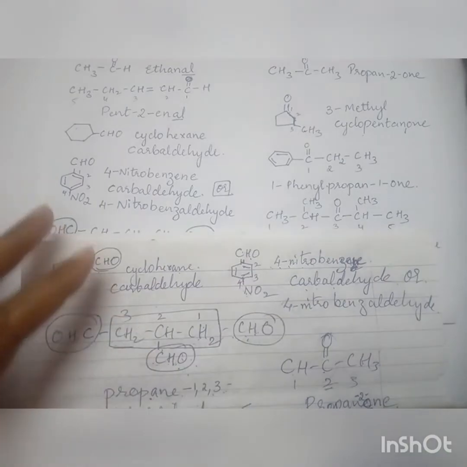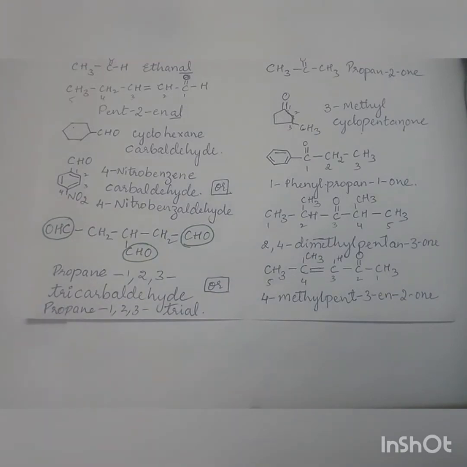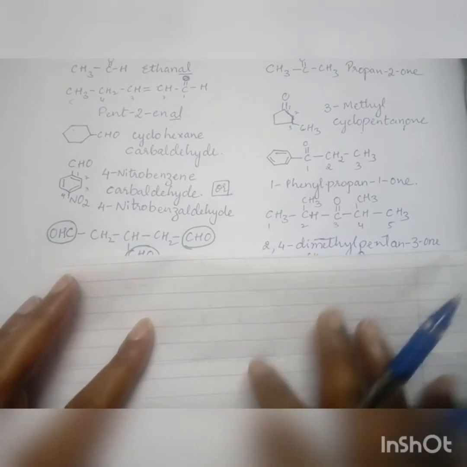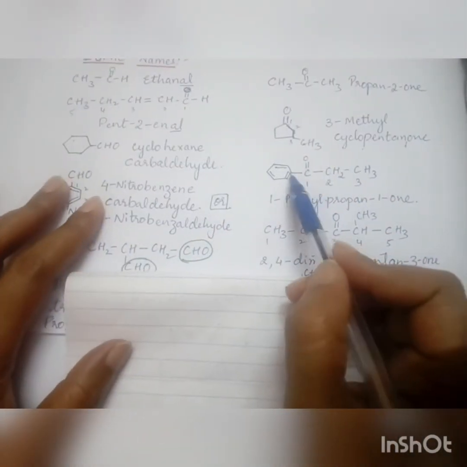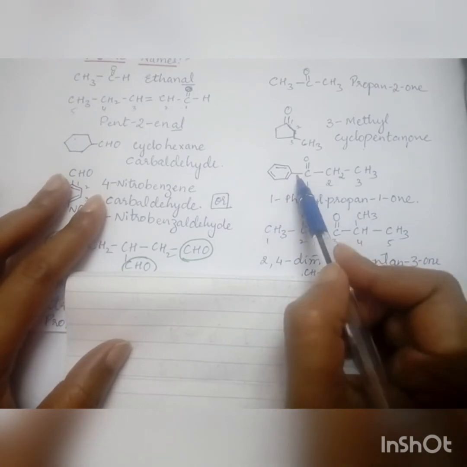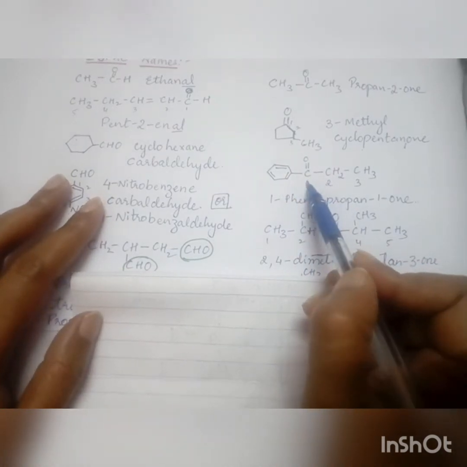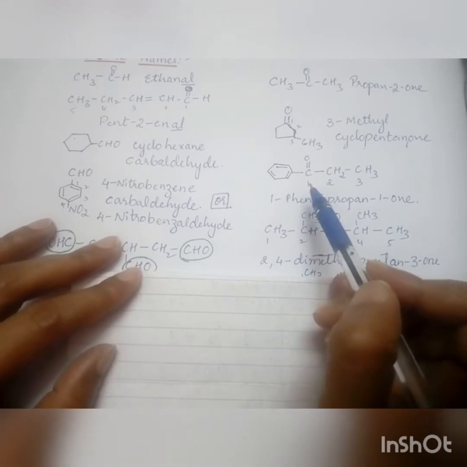Now, coming to the next example. Here you can see that there is a phenyl group which is attached to this carbon. See, this way of nomenclature is different.